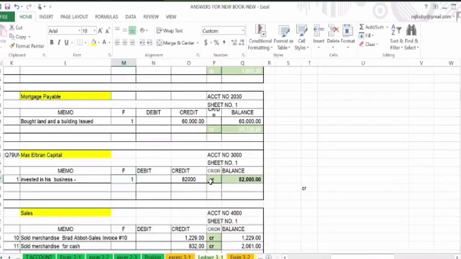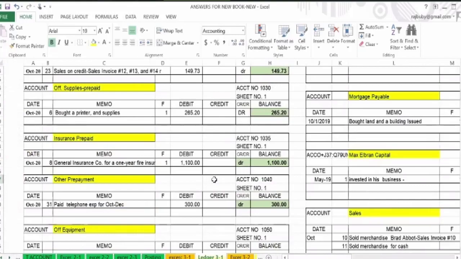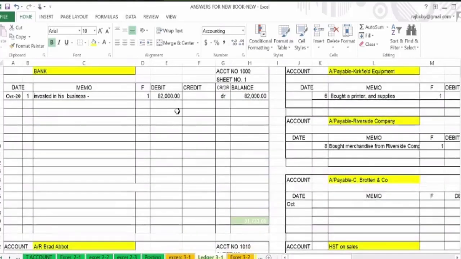And this one is because our liabilities, owner's equity, and revenue, its normal side is credit. Then you have to put the credit balance. And the bank also, this one is our debit balance. We have to record it as a debit balance.